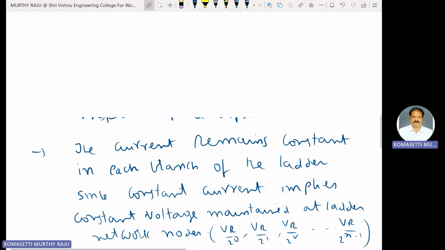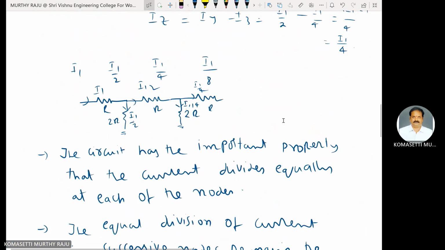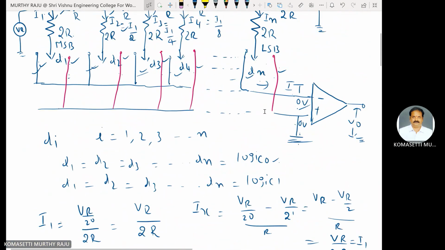Here, one more important resistance RF is also there. 0 minus V naught by RF is equal to IT.